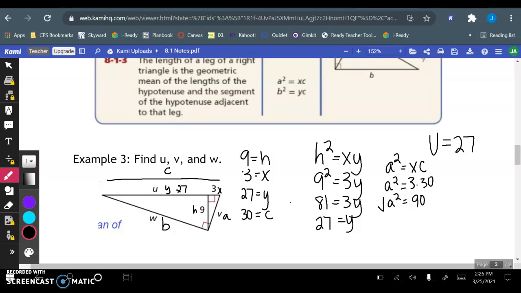To cancel out a squared, we have to take the square root. So a equals, and remember 90 is 9 times 10. The square root of 9 is 3, and then we have the square root of 10 left. And looking on our picture, a is really our v value. So v equals 3 square roots of 10.